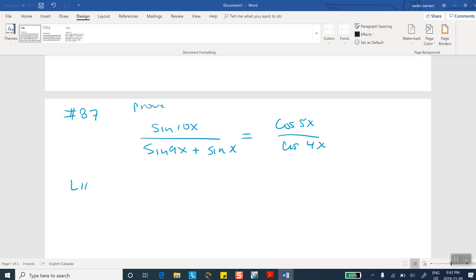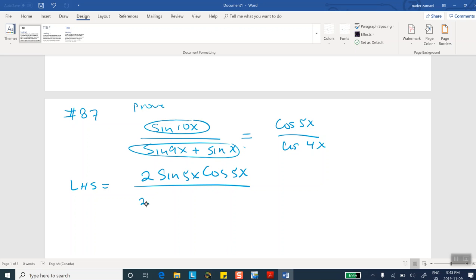Okay, left-hand side. Well, first of all, we can write the numerator as 2 sine of 5x cosine of 5x. And the denominator we can turn into a product: 2 sine of (9x plus x) over 2 cosine of (9x minus x) over 2.